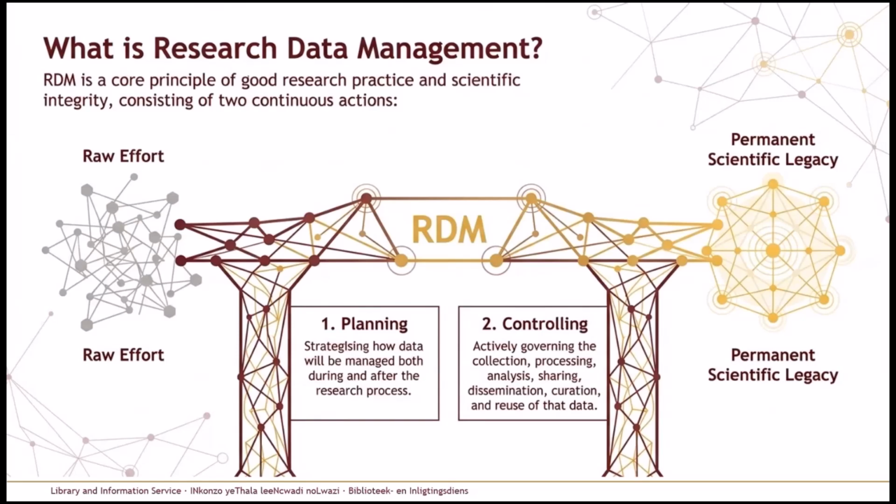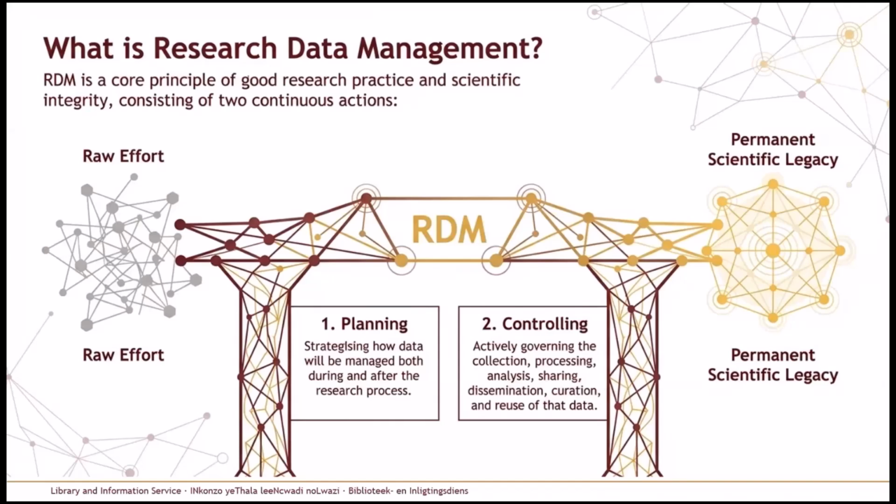So then that comes to the question of what is research data management that this regulation has now stipulated. It is a core principle of good research practice and scientific integrity, and it consists of two continuous actions, planning and controlling.